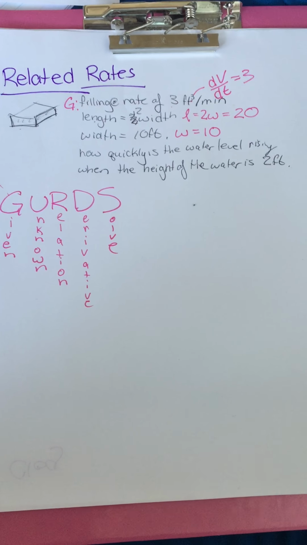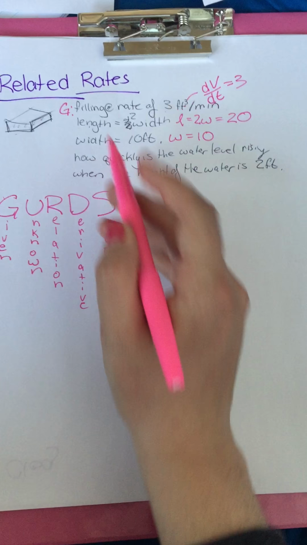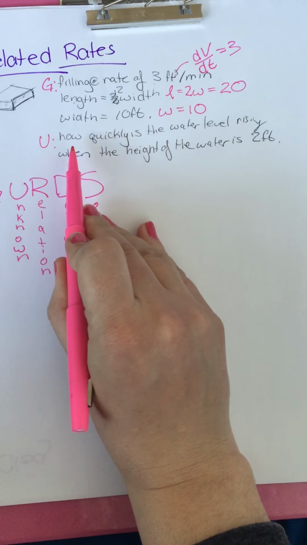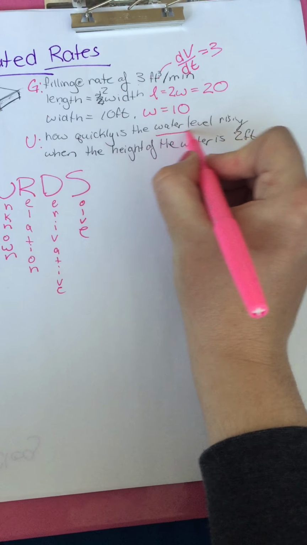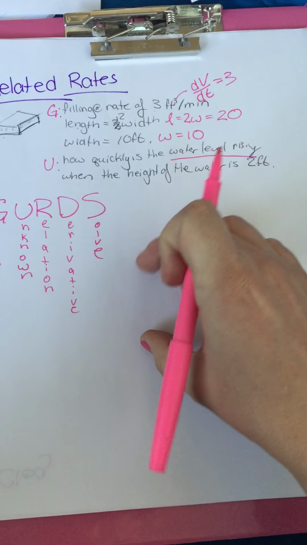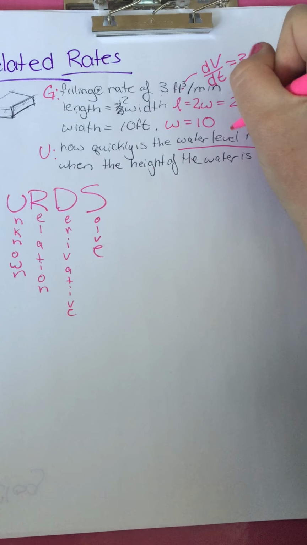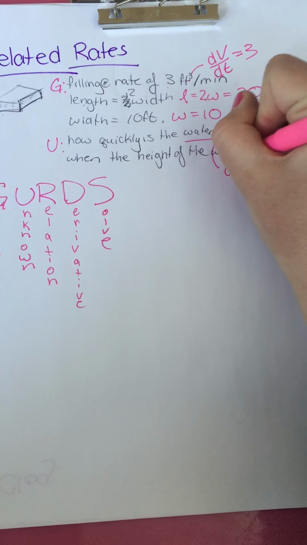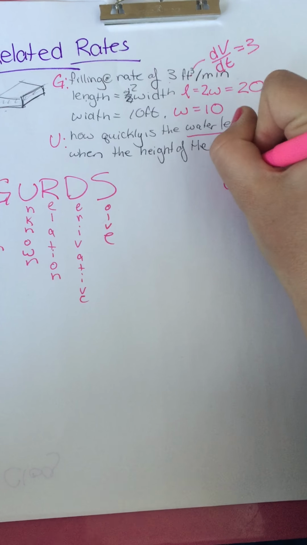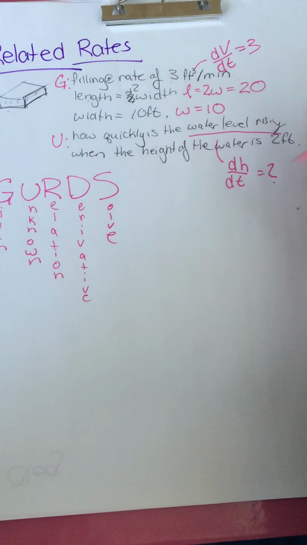So what's our unknown? Well, we want to know how quickly is the water level rising? So at what rate is the height of the water increasing? So we know that this is going to be dH by dt equals question mark.